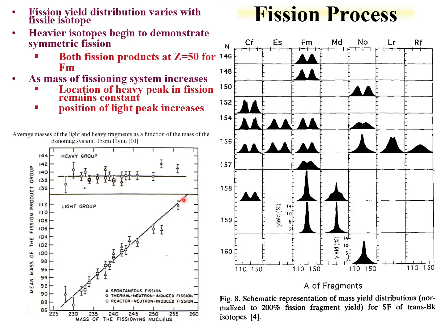We can imagine eventually, particularly if we get to where Z is equal to 100, so that the fission fragments would have a Z of 50, which is here. Fermium has a Z of 100. You can imagine that here we'd start getting symmetric fission.